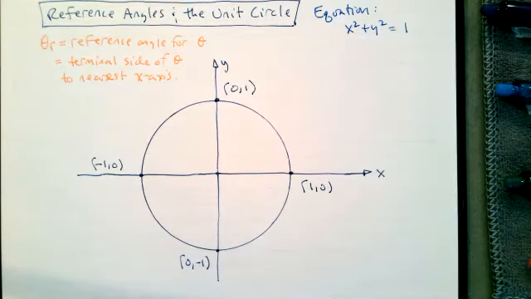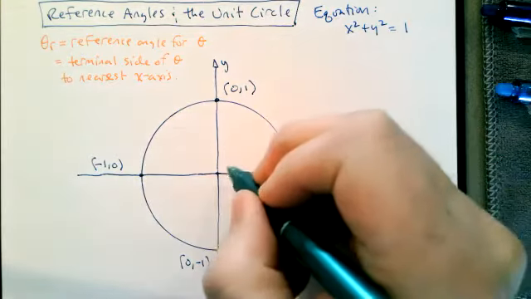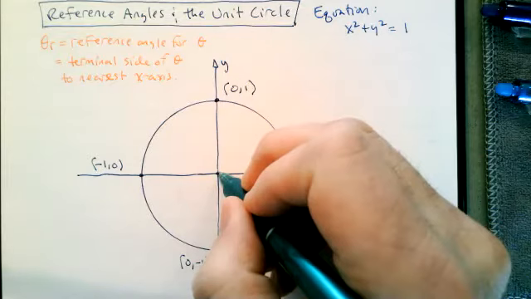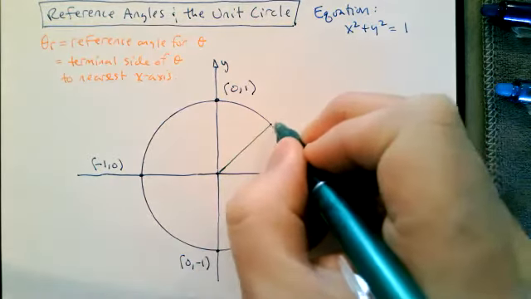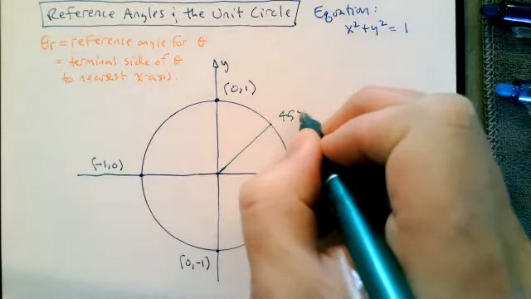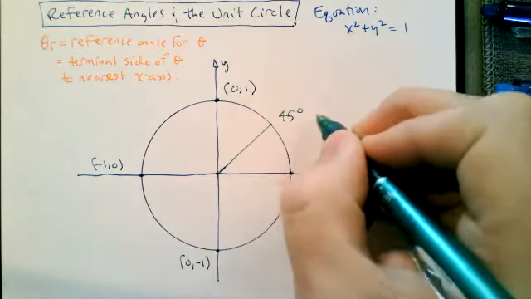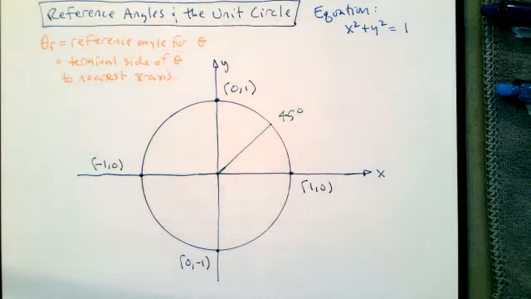So if theta is 45 degrees, then theta r is also 45 degrees.